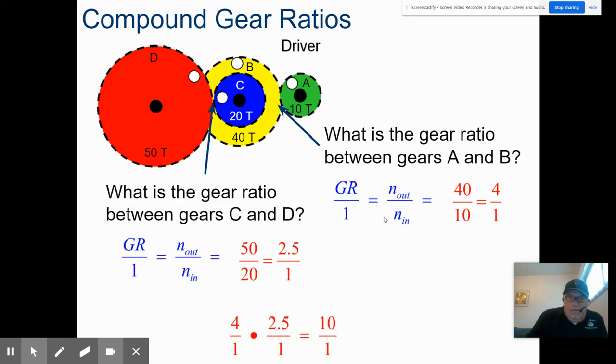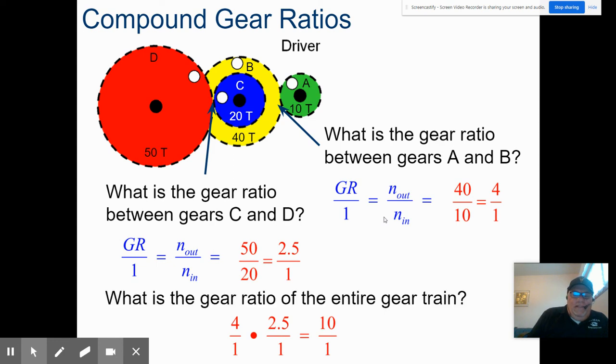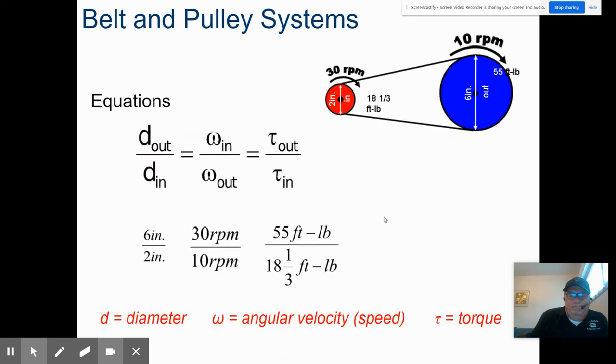And here, what is the gear ratio between gears C and D? Your input here would be C, because it's driving D. So D is 50 over C, which is 20, and you have 2.5 to 1. Then the entire gear ratio is 10.